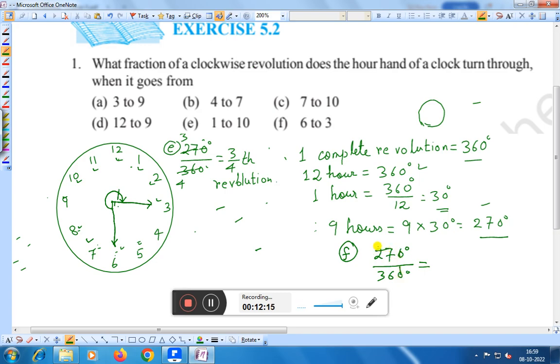If we cut 0 0 and divide by 9, 3 9 is 27 and 4 9 is 36. That is 3/4 of a revolution.